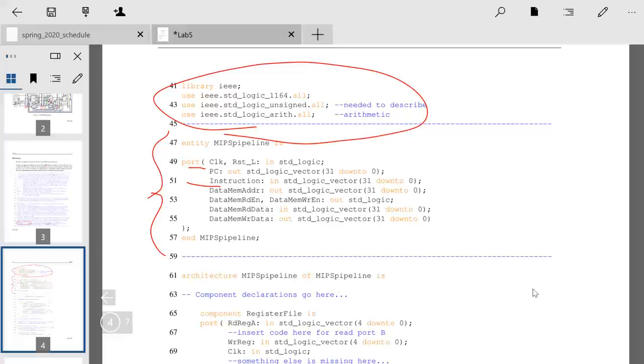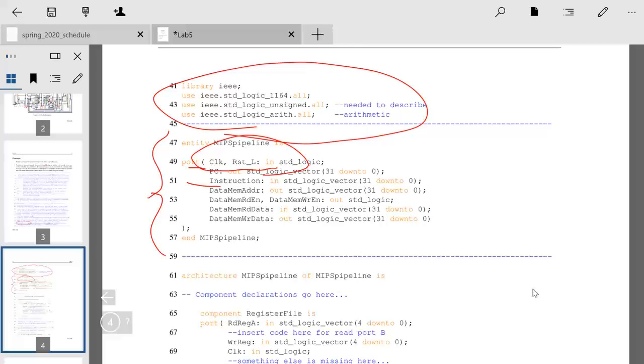The other thing I want to point out is that you can put ports of the same type together on one line. Clock and reset are both inputs of standard logic type, so we can group them together on one line. Now, wherever you go to work, you may have a style guide that doesn't allow that.